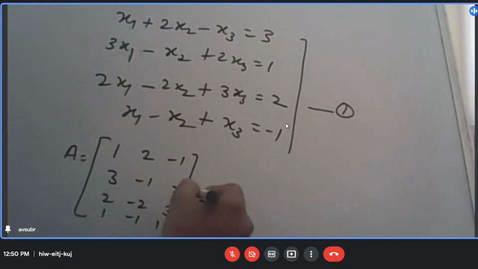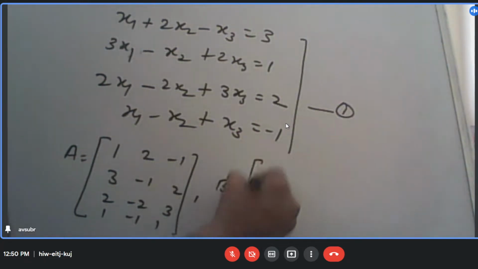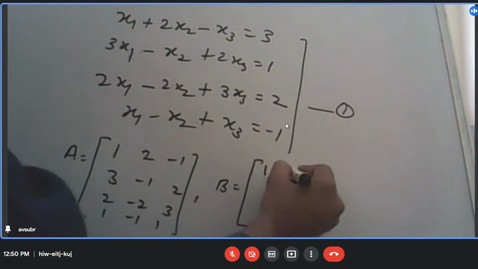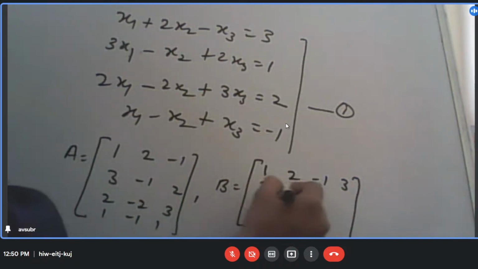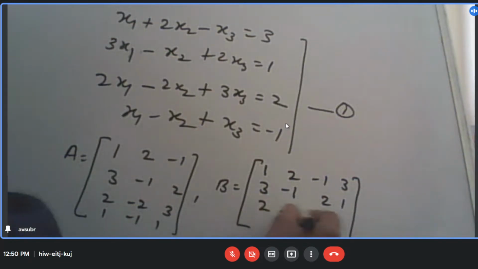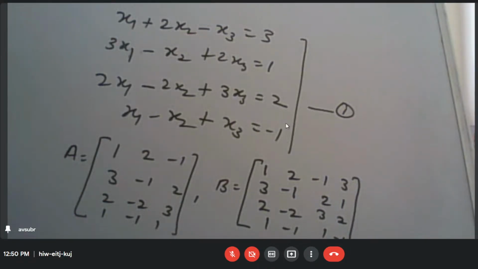And what will the augmented matrix be? 1, 2, minus 1, 3; 3, minus 1, 2, 1; 2, minus 2, 3, 2; and 1, minus 1, 1, minus 1. This will be it, right? Yes, sir.